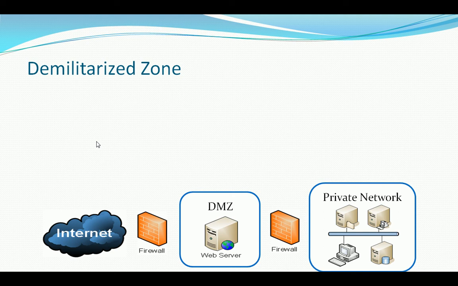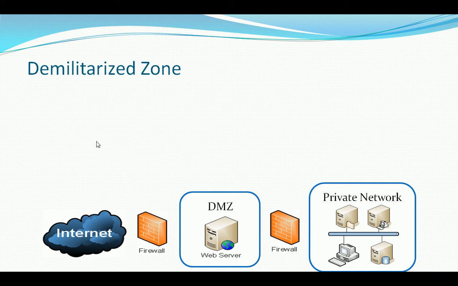Users in the private network can access things in the DMZ, and users on the internet can access things in the DMZ. However, the internet can't get to the private network, and the private network doesn't have unfettered access to the internet. So there's this layer of control, this technical control in the middle.